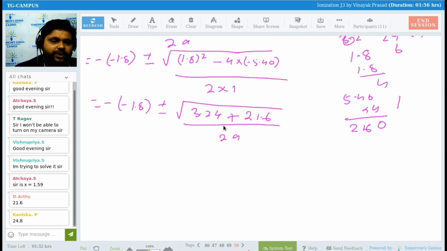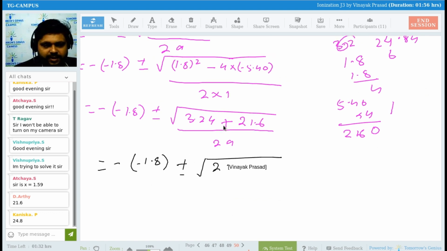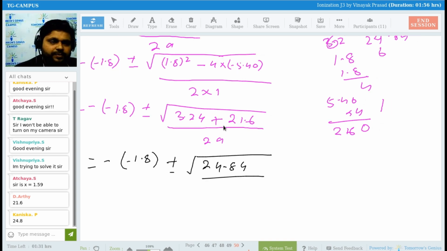Guys, see here what we are going to do. Minus of minus 1.8 plus minus under root. We have got 24.84, right? 24.84 divided by 2.